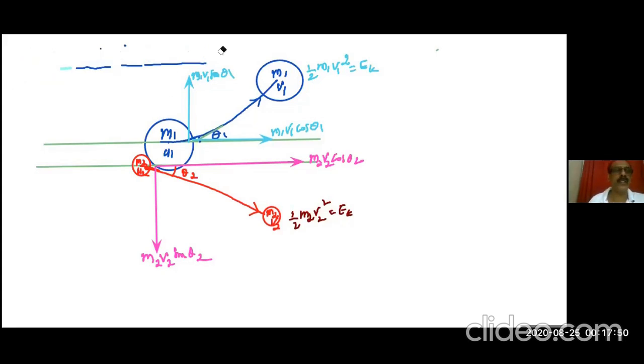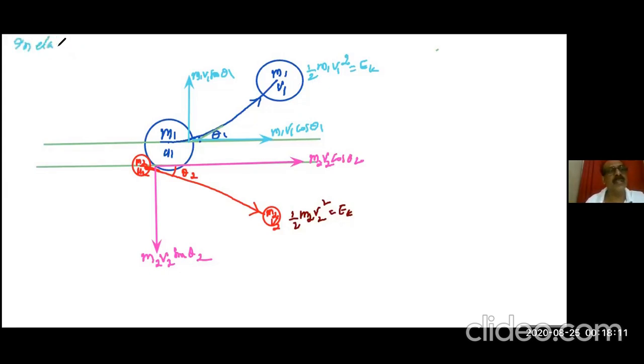Now here in elastic collision, linear momentum is conserved, right? In elastic collision, linear momentum is conserved.